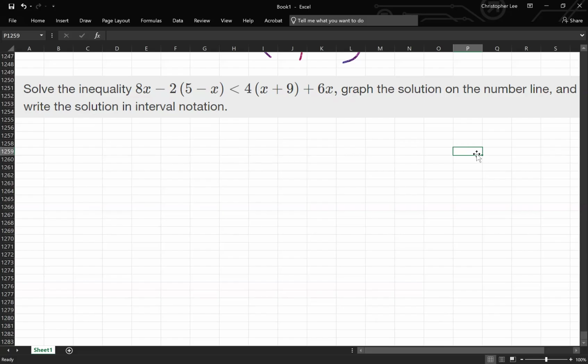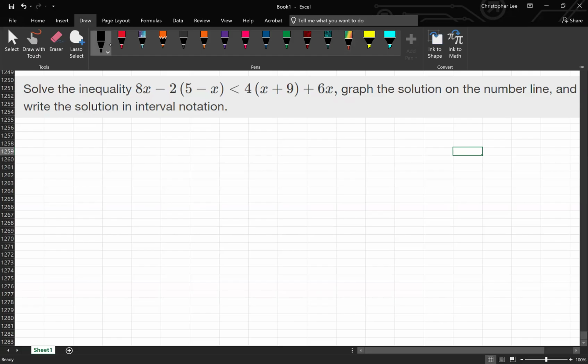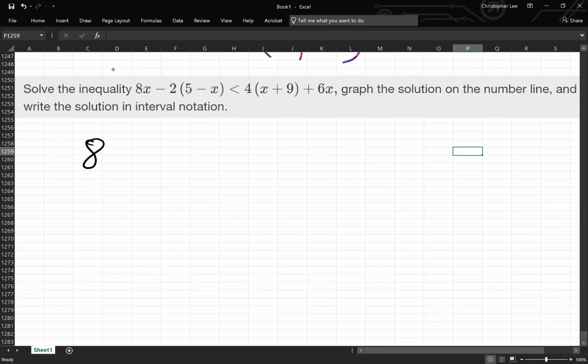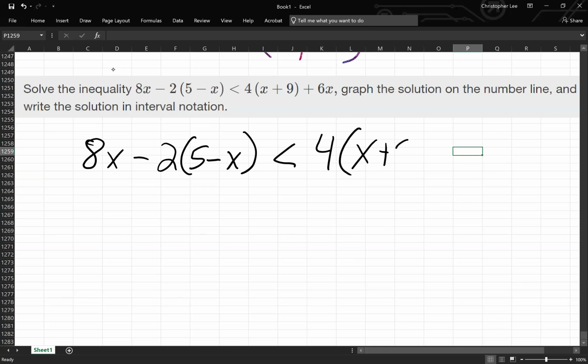So check this out. I'm going to do this one for you guys. So same thing. I want to simplify it, put all my x's on one side, numbers on the other.